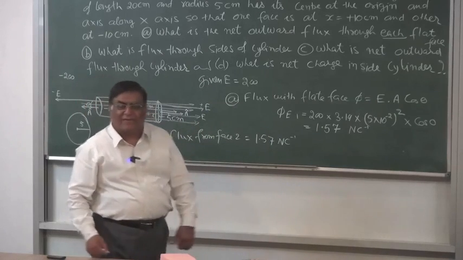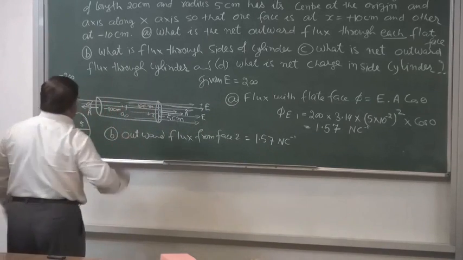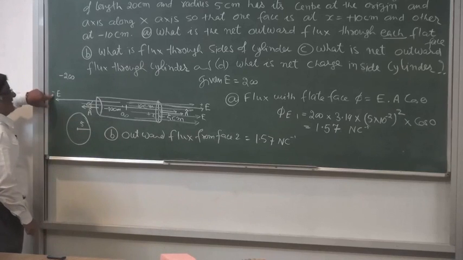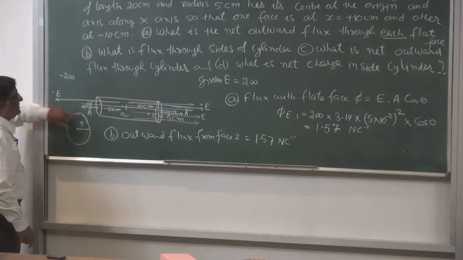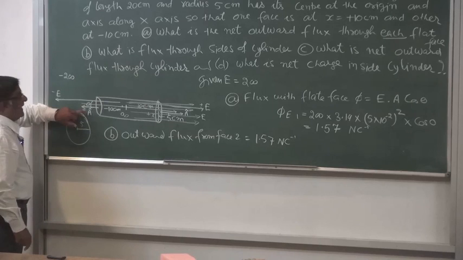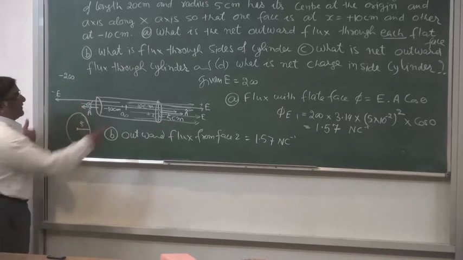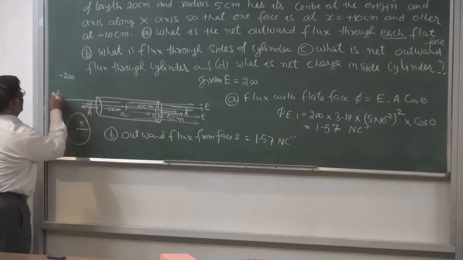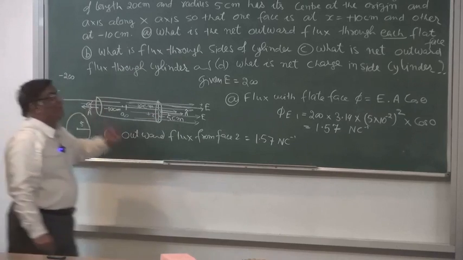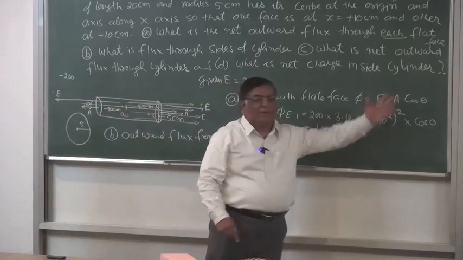Does flux have any sign? Don't get confused with the sign. If you say this is minus E, then I will say this is minus A, and that was plus A. So minus A into minus E is again E into A.